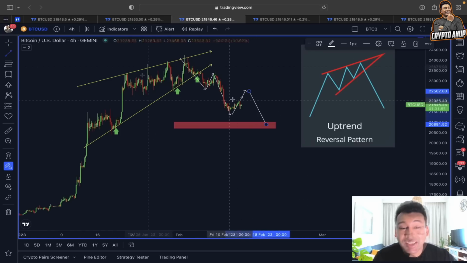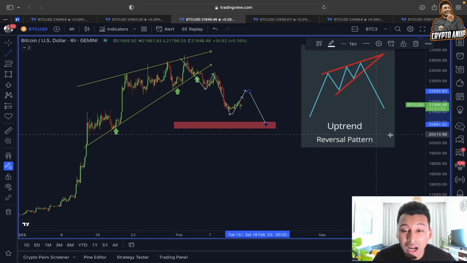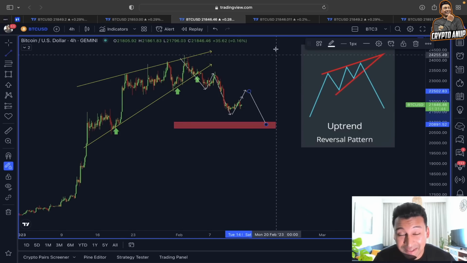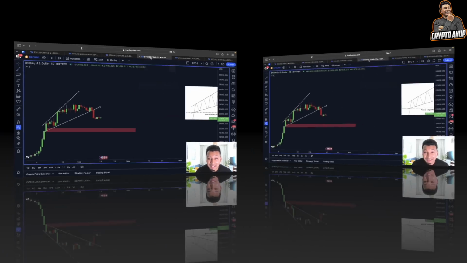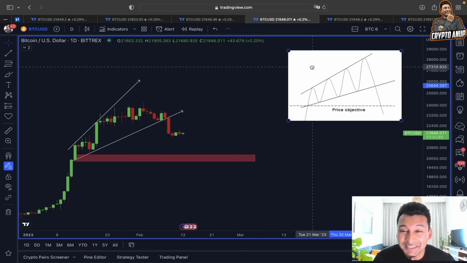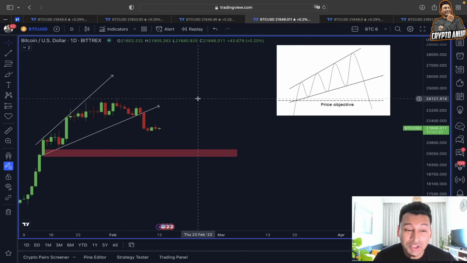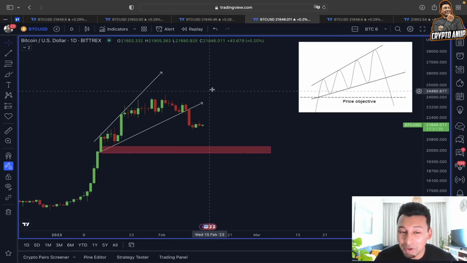So in our case, if that's exactly what's unfolding, then you can see guys, this rising wedge, the uptrend reversal pattern is going to play out perfectly with a price objective around 20,000 range. And parallelly even this one here. Yes, yesterday I showed you this ascending broadening wedge, and an ascending broadening wedge is a bearish scenario.